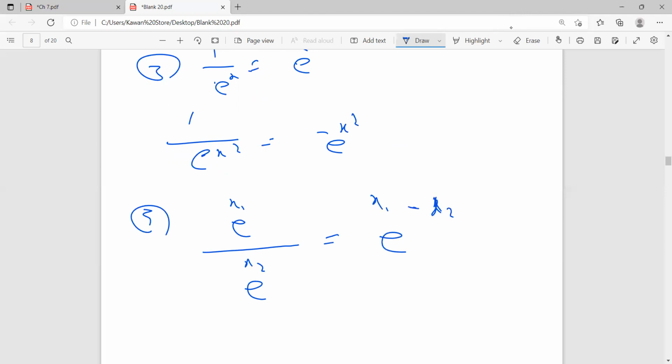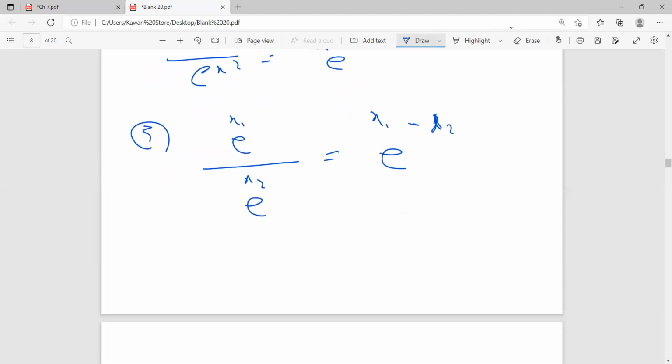Why? Because we know that one will come up, by the second property. Now we multiply by the first property, the bases are equal, so we add the exponents. So I'll get e to power x1 minus x2. Any question about the third?